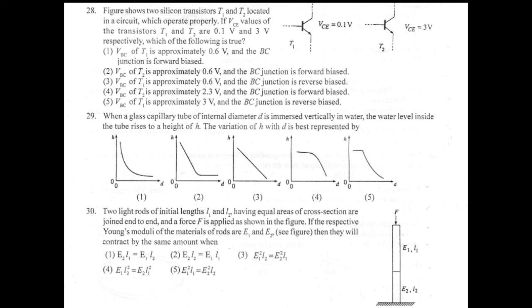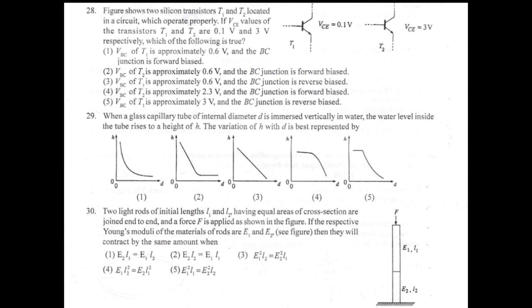So with that we know that VB is greater than VE. For the T2 transistor, VBC equal 0.7 minus 3, which is minus 2.3. So with that we know VC is greater than VB.